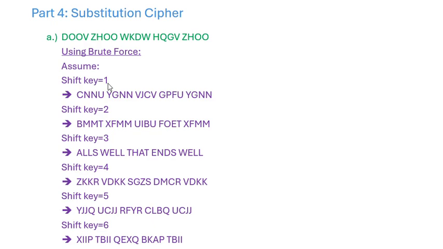So first shift key is equal to 1. So you can see that the first letter is D, right? When we are decrypting it, we are moving towards the left in the English alphabet, or moving towards the back. So at shift key equal to 1, we move D towards the left once because the shift key is 1.